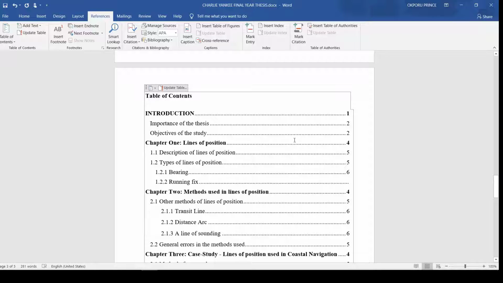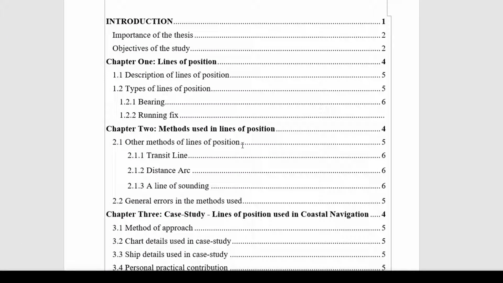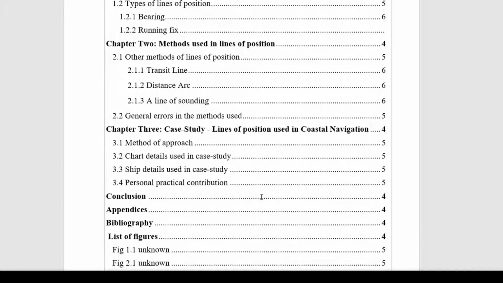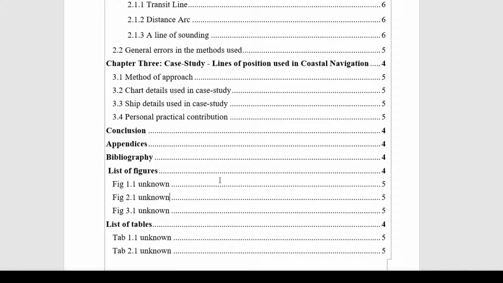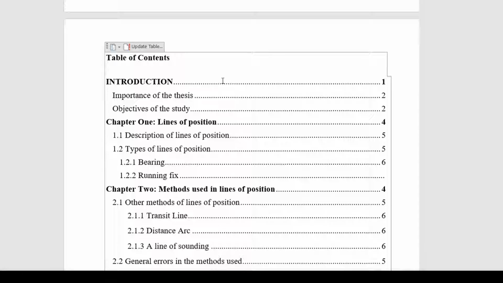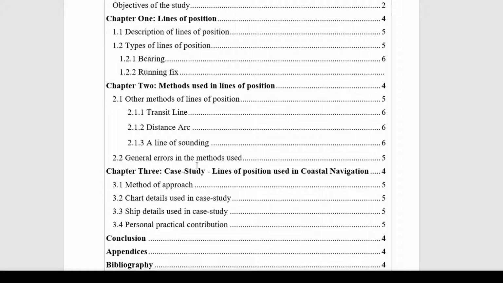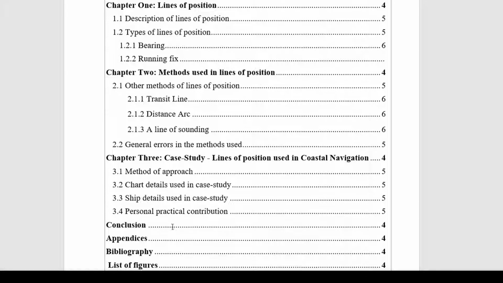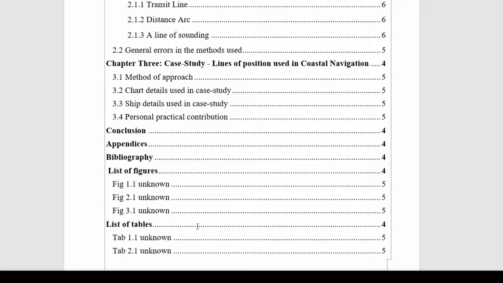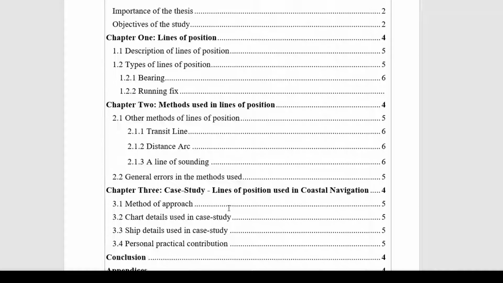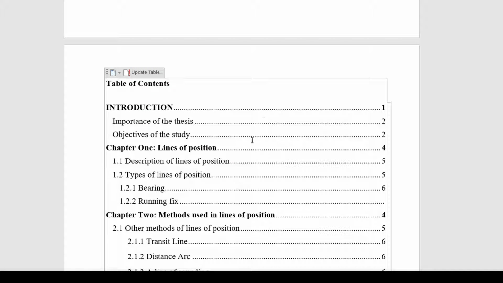So now we've been able to type everything. We have chapter 1, chapter 2, chapter 3, conclusion, appendix, bibliography, and the rest. So everything looks okay. It's not that difficult. You just have to type it in.